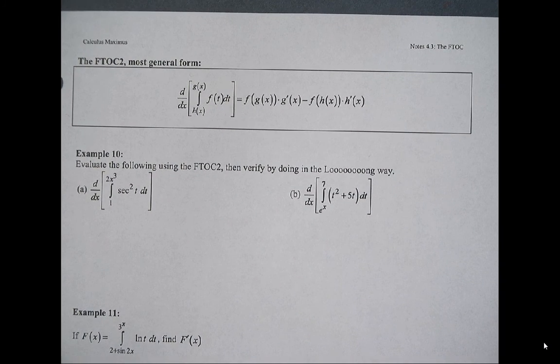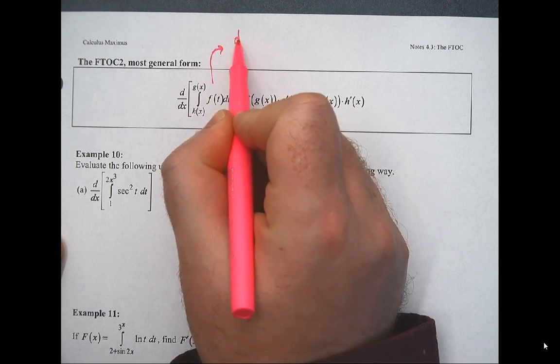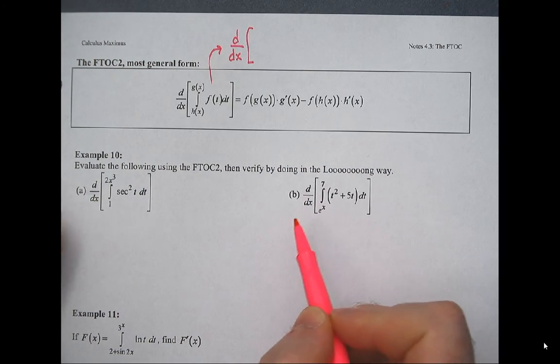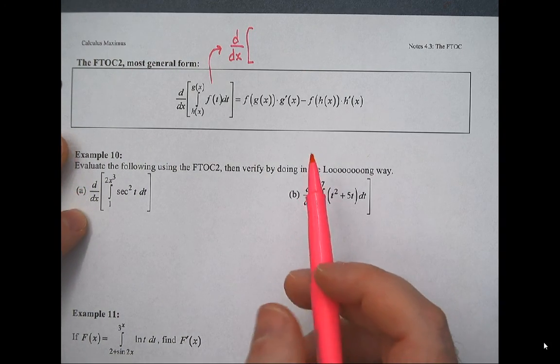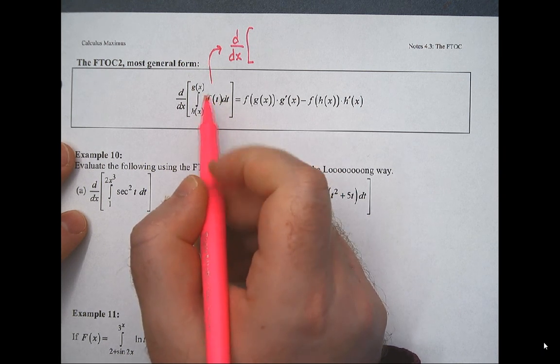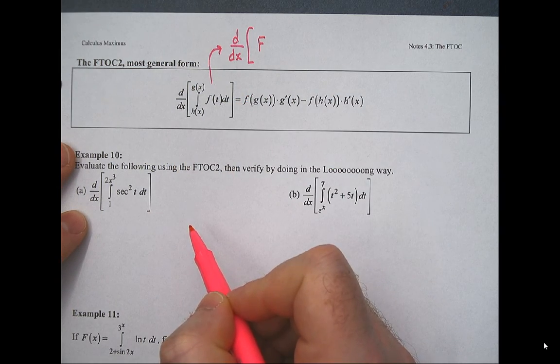So if I were to think about this, let's do it in pink. I want to take the derivative of, okay, so what's the integral of f of t? I don't know. It's some function.